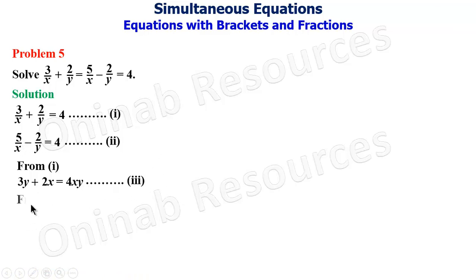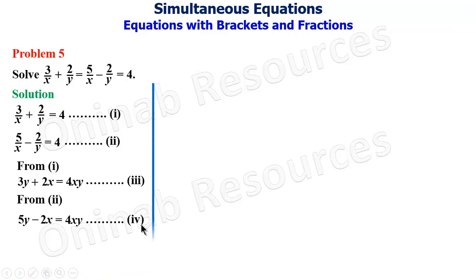Then from equation 2, we are multiplying each of the terms by the same LCM, which is xy. So here we are going to have 5y minus 2x is equal to 4xy. We call that one equation 4.